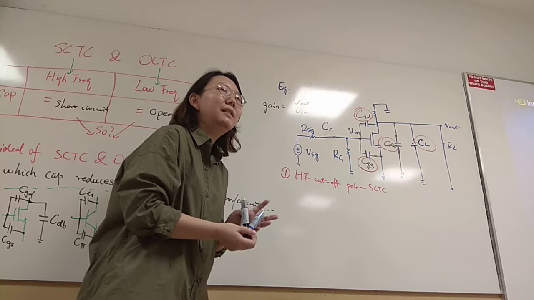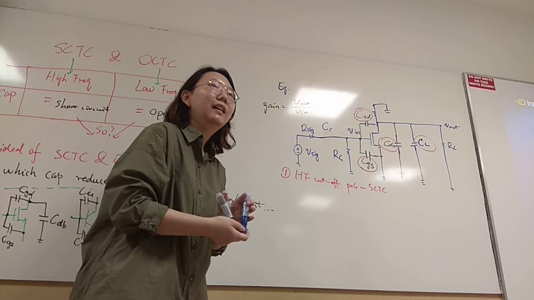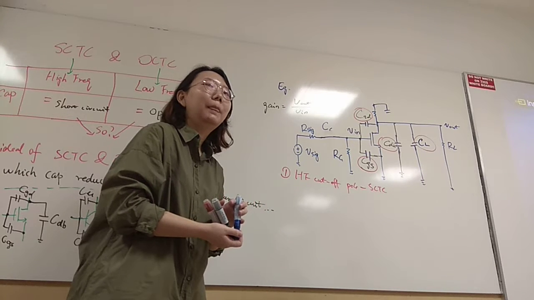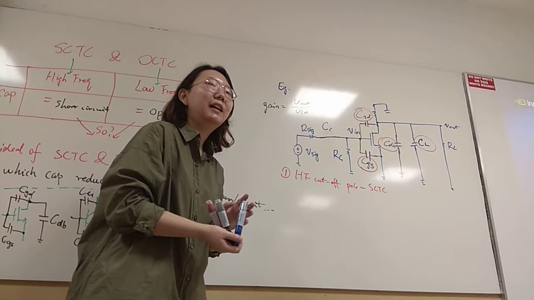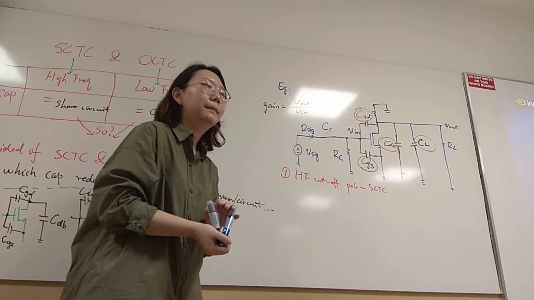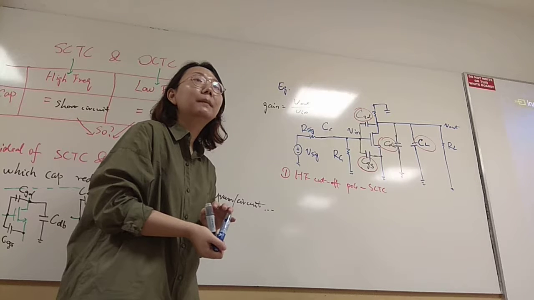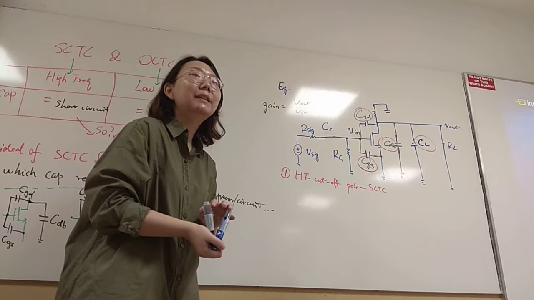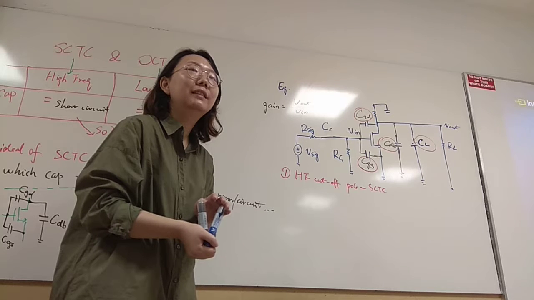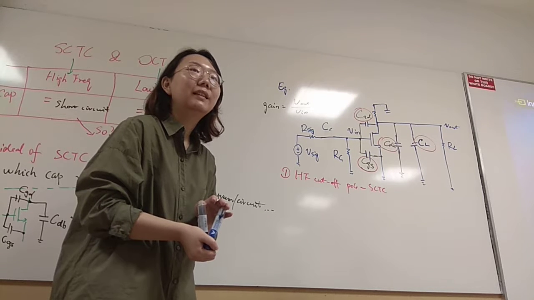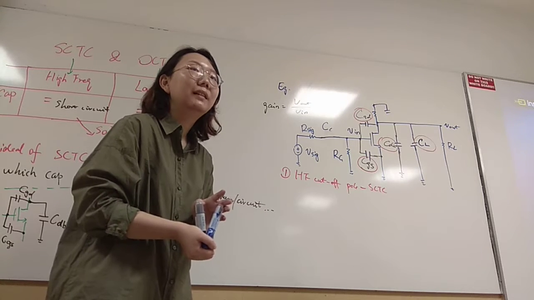What's Ri seen by Ci? What's the meaning of seen by Ci? Yes. Between the terminals of the capacitor. It's the total resistance with reference to the two terminals.